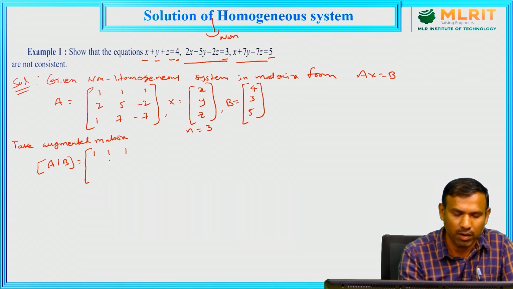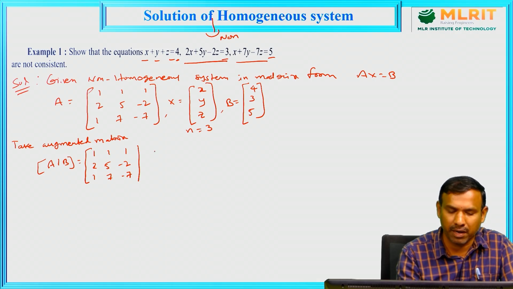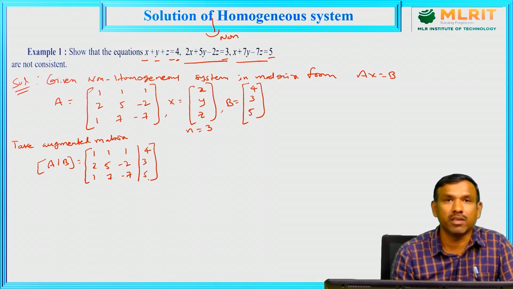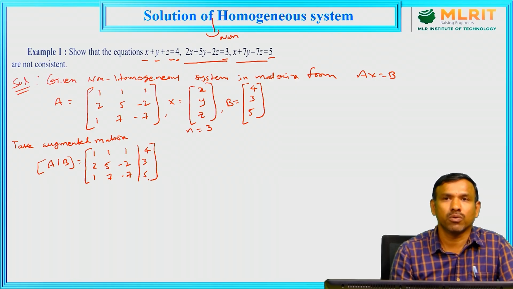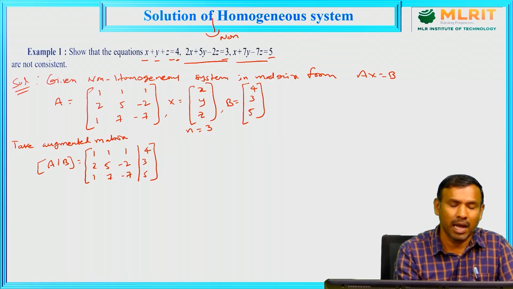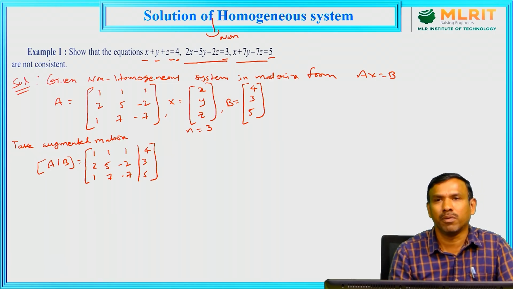The augmented matrix here is 1, 1, 1, 2, 5, minus 2, 1, 7, minus 7, and attach the column B: 4, 3, 5. This is called the augmented matrix. What to do? Reduce to echelon form to find the rank. We have both echelon form and normal form, but the correct one is echelon form, so that we can find both the rank of A and the rank of A by B at a time.